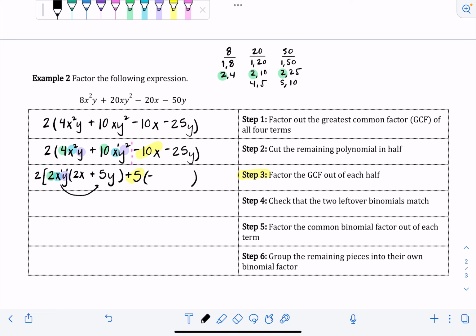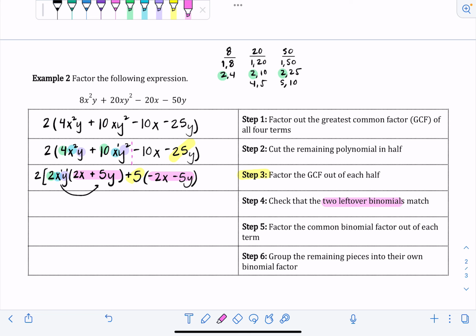So negative 10x divided by 5 is negative 2x, and negative 25y divided by 5 is negative 5y. But step 4 says to check that the two leftover binomials match. So the two leftover binomials are 2x plus y, and negative 2x minus y.